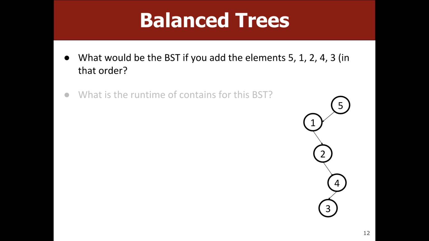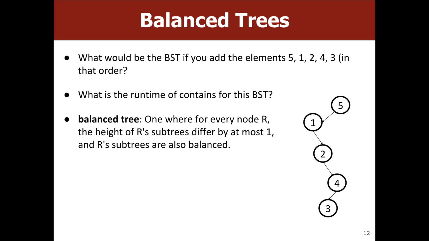So that's not good. This is somewhat of an extreme case, though you can imagine if you had 1,000 nodes and were off by even a little, you might have 10 in one subtree and 990 in the other, and that would still be really bad. So it doesn't need to be a straight line for you to have really bad runtimes.